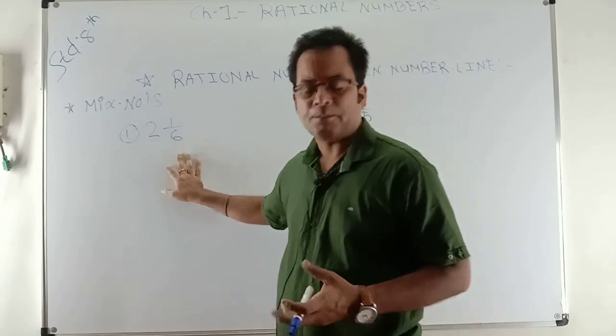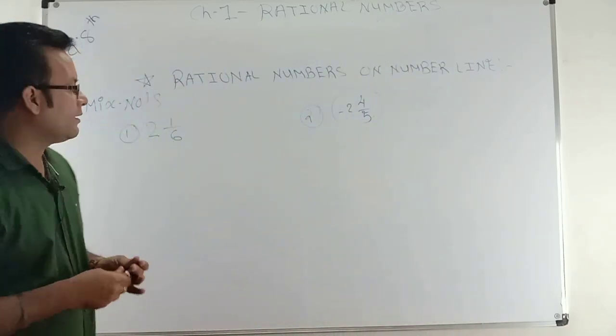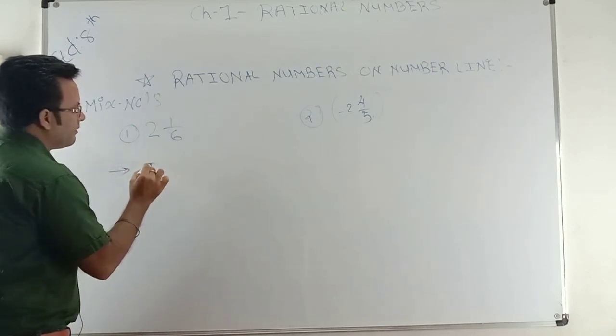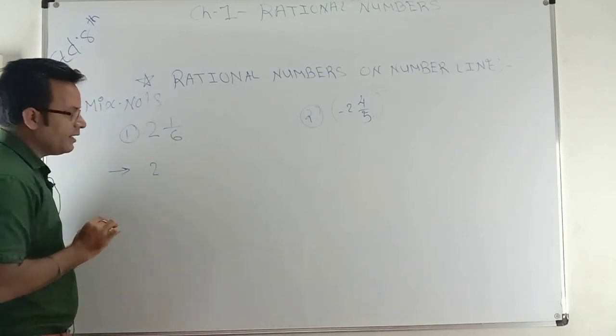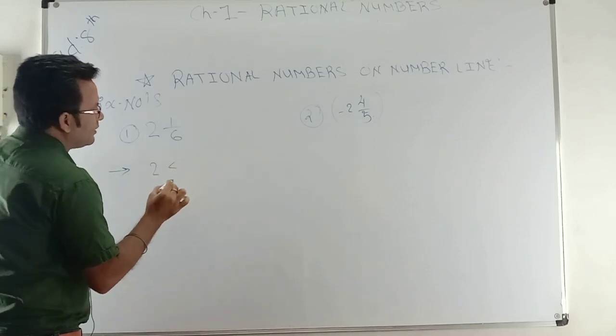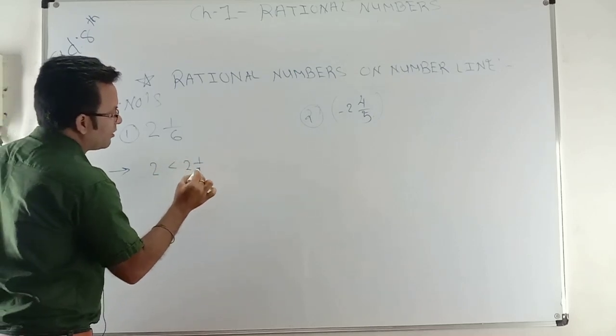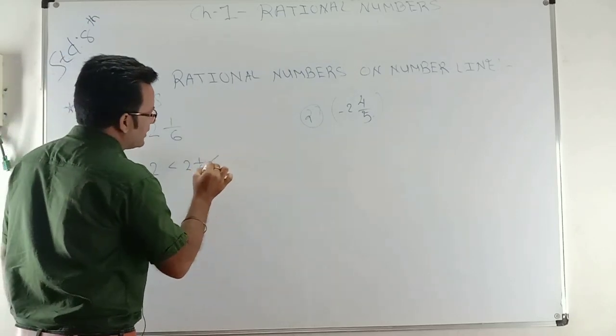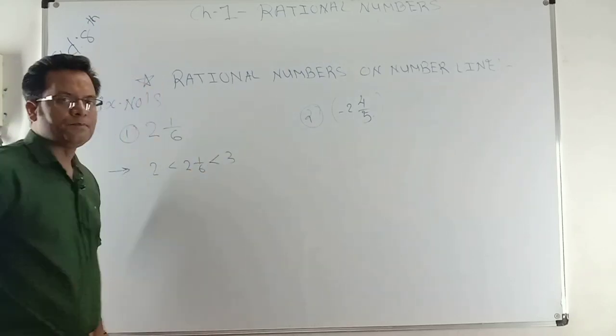So first of all, we know very well that 2 integer 1 upon 6 is lying between 2 and 3. So 2 is less than 2 integer 1 upon 6 and 2 integer 1 upon 6 is less than 3.